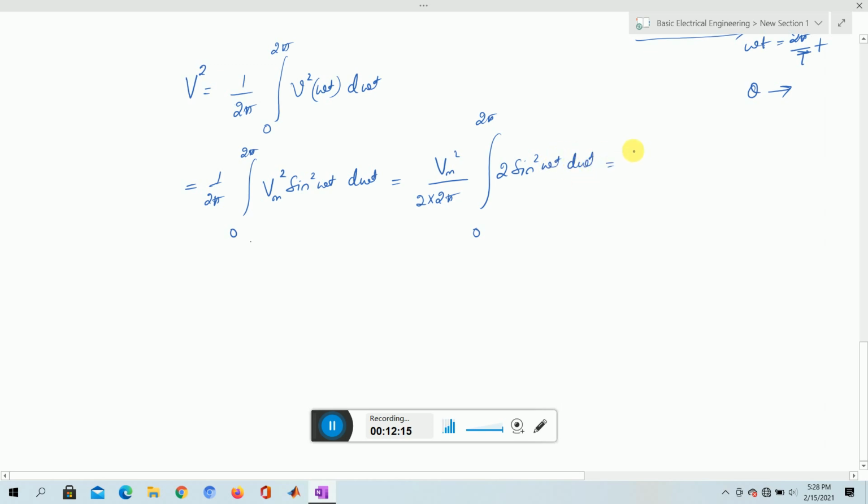So this term will be again Vm square by 4 pi, and the integration of this, let us take again 0 to 2 pi. 2 sine square theta is 1 minus cos 2 theta. So we can write in this form with the d omega t term.